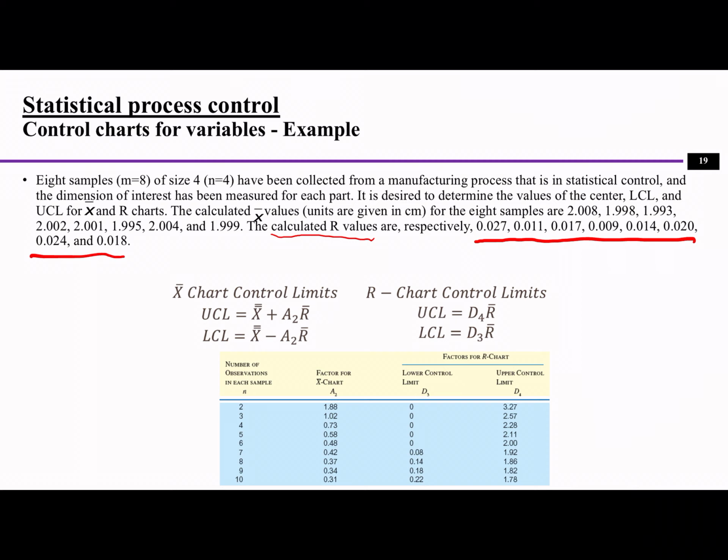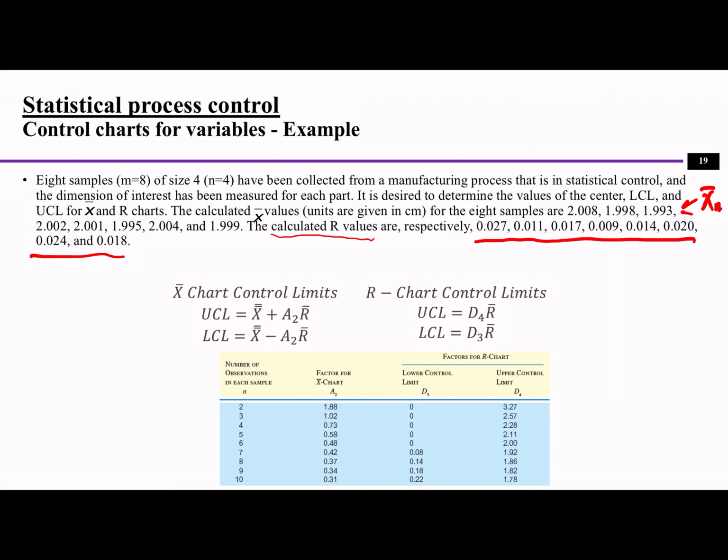X grand mean means we need to find the average of 2.08, 1.98, 1.93, and all these values, because these values are X bar values. If we find the average of all these X bar values, we get X grand mean, X bar, 2 bars.